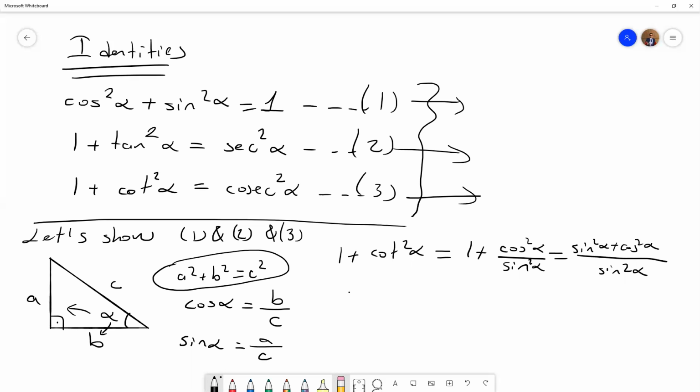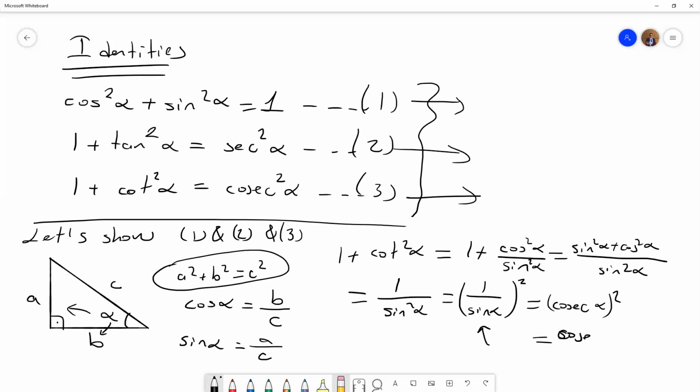The upper side is 1 and the denominator is sine square alpha, and 1 over sine alpha is cosecant alpha, so finally this is cosecant square alpha. This is the end of the proof of the third identity.